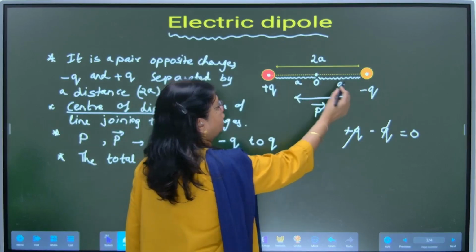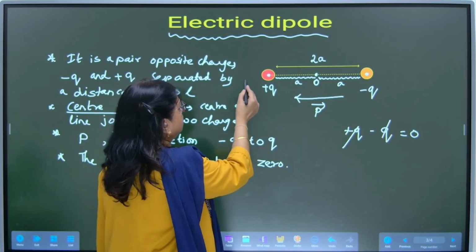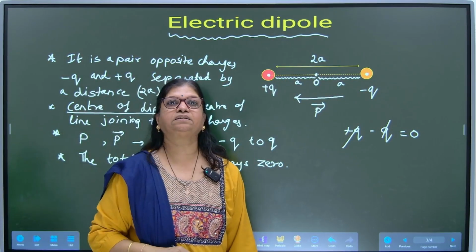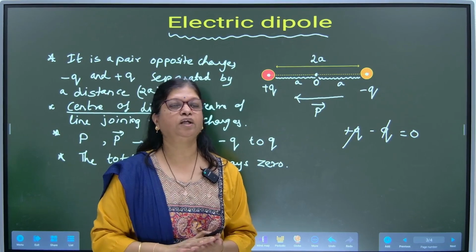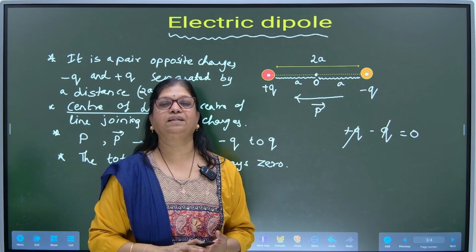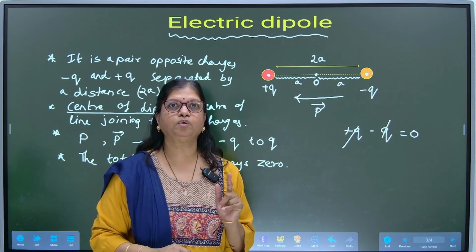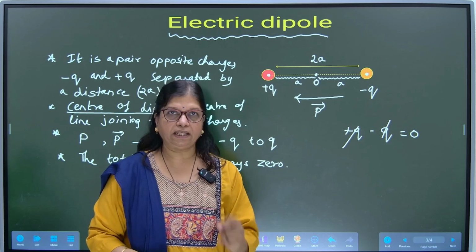The line joining these two charges is the axis of the dipole, and even this side or that side, the continuous line is the axis of the dipole. At every point on the axis of the dipole, the electric field is not going to be zero. That's why, though the total charge plus q minus q is zero, electric field due to an electric dipole is there.